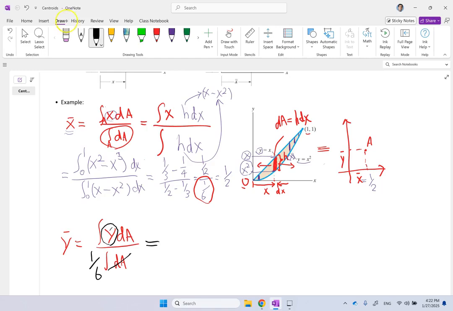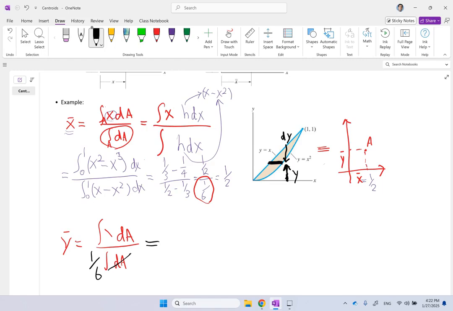So what I will do this time is I change the shape of my element. How do I do it this time? I'm going to clean this a little bit, if you don't mind. And I pick an element that has a fixed y. So I go to a fixed y. And then I add an element that has a small thickness of dy.